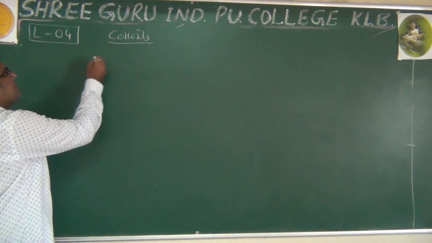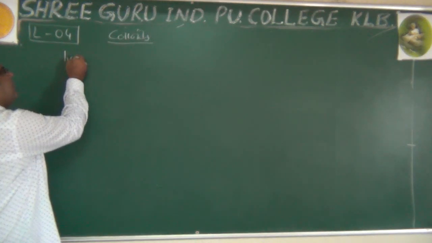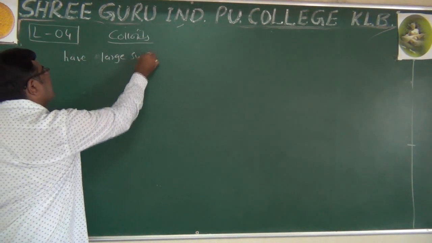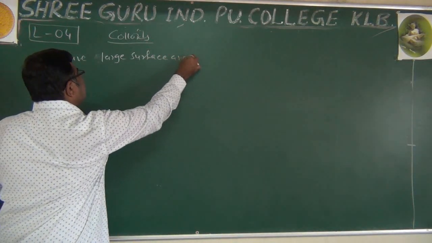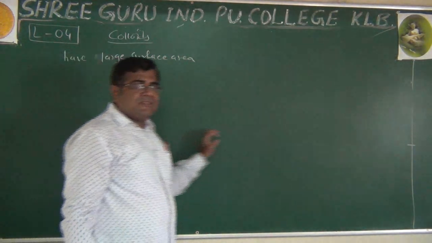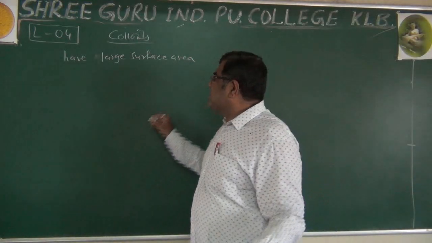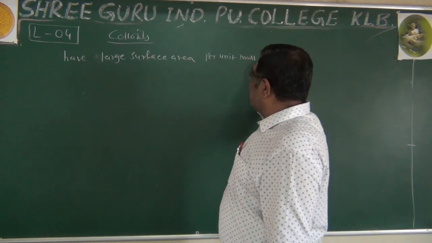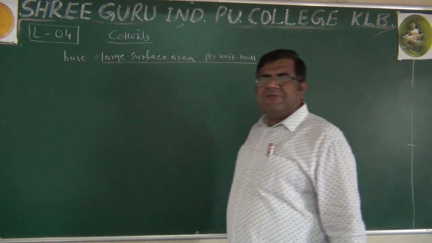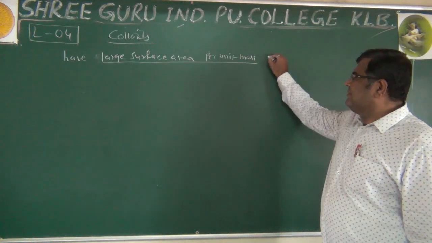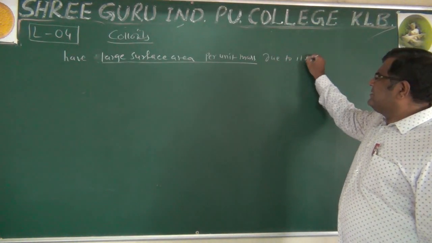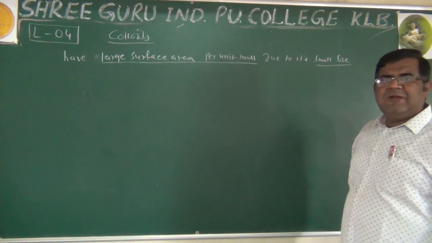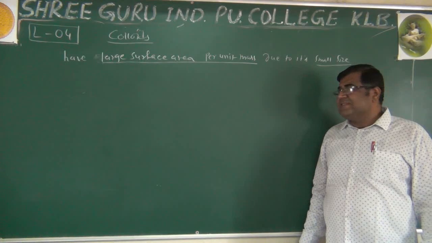Now if we consider the colloids, we can say colloids have large surface area. We are interested in that because we are learning surface chemistry. Large surface area per unit mass due to its small size. 1 nanometer to 1000 nanometer is very small size.